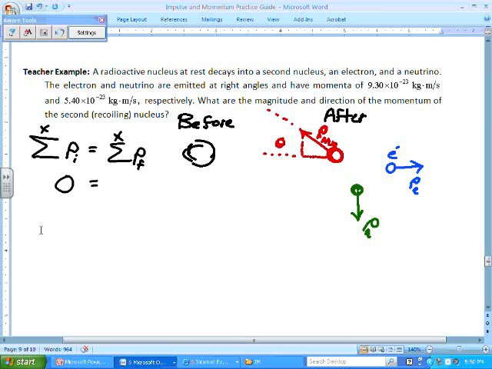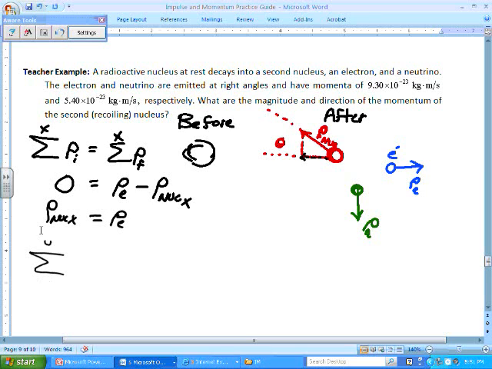You're going to have momentum of the electron minus, watch the notation here, the x component of the remaining nucleus. That's this component here. And likewise, we might as well finish this off and say that the momentum of the nucleus in the x direction is equal to the momentum of the electron.